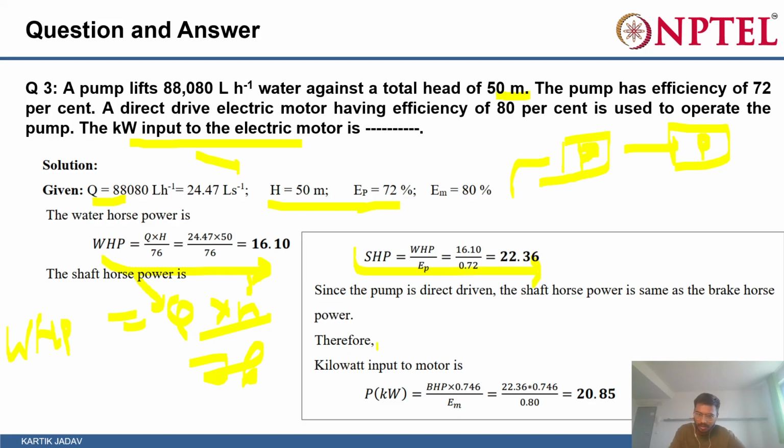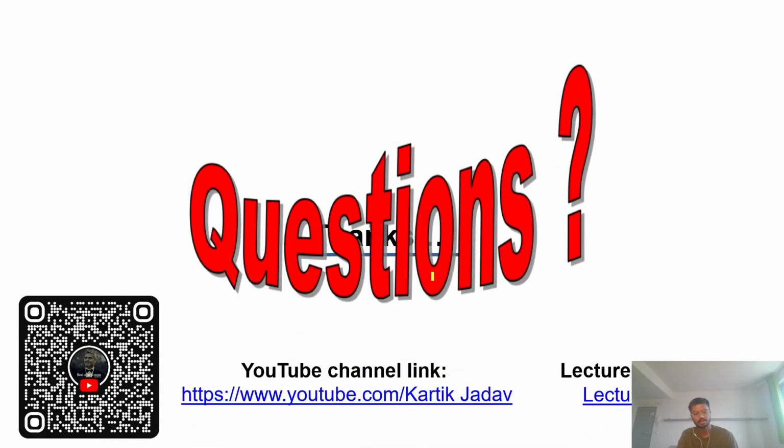Therefore the final input power requirement of the motor is brake horsepower divided by motor efficiency, and just multiply by 0.746 because we want this in kilowatt. We know that 1 horsepower is equal to 746 watt or 0.746 kilowatt. Correct answer is 20.6.